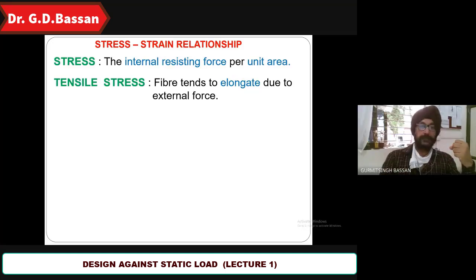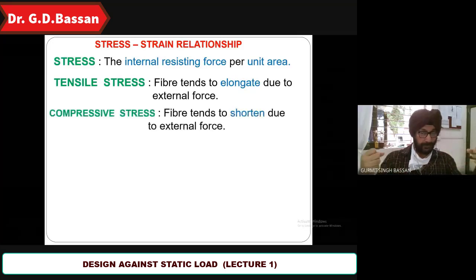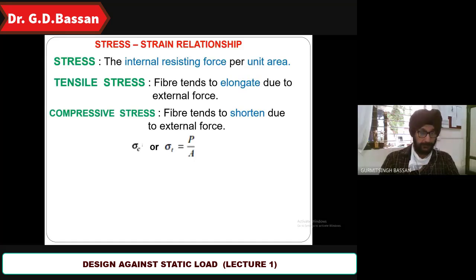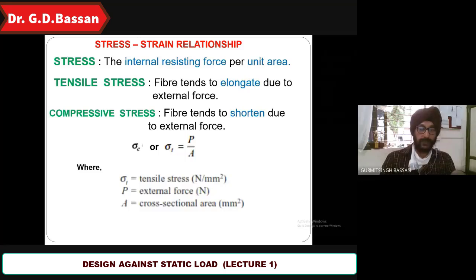And compressive means when you try to shorten the fibers due to the external force, that is called compressive stress. So sigma C or sigma T is equal to P by A. This is a generalized equation for tensile as well as compressive stress. So sigma T is tensile stress.